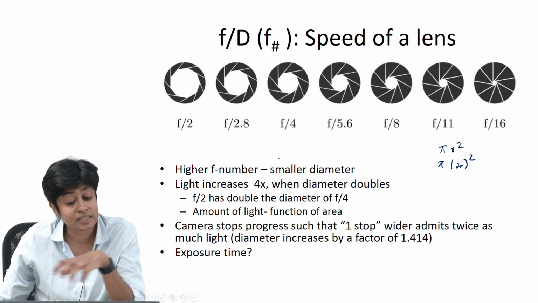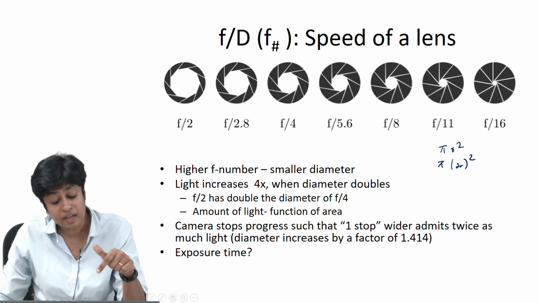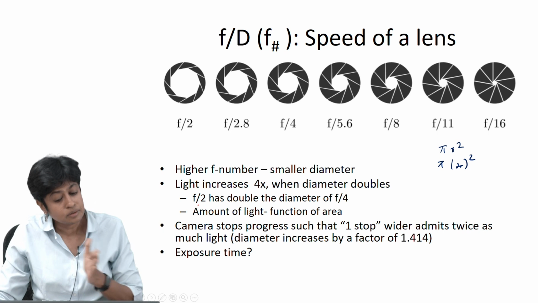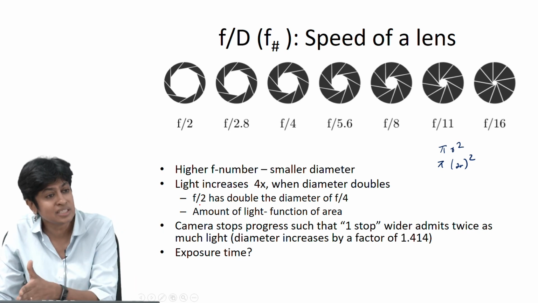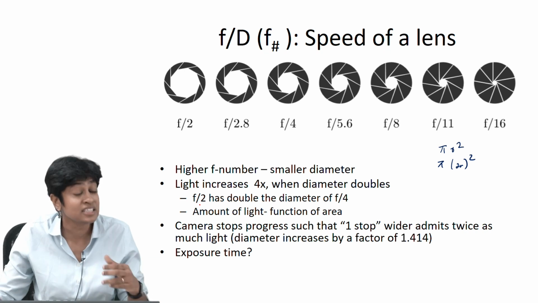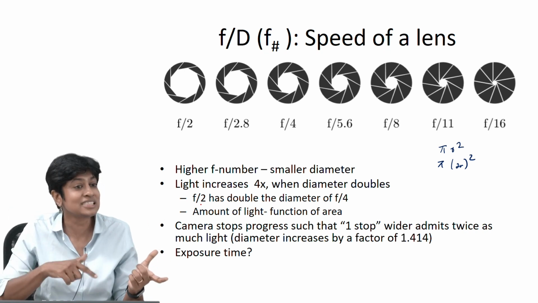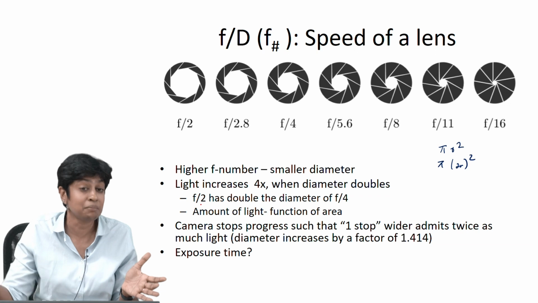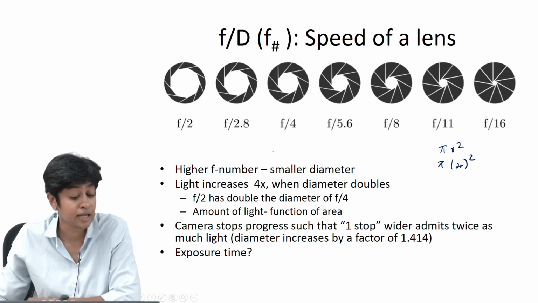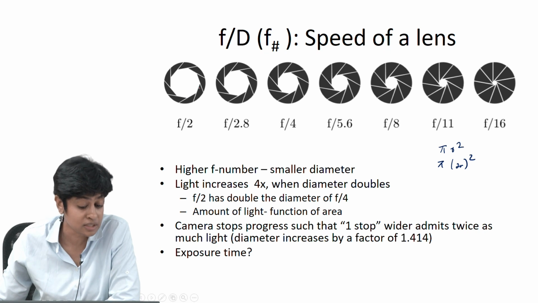So, the camera settings are such that every time you go up one stop, so f/2 to f/2.8, where do these numbers come from? You are actually saying let's change the area such that the exposure time doubles, right? So, this radius is not half of this radius.